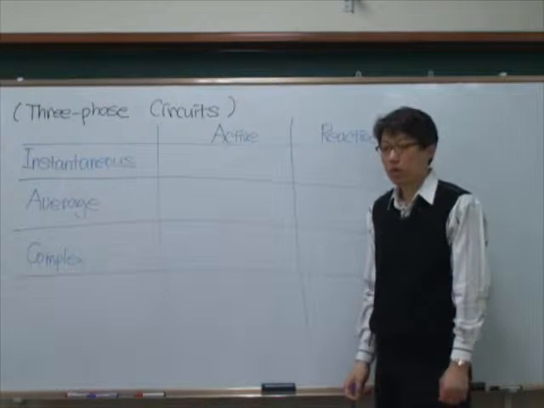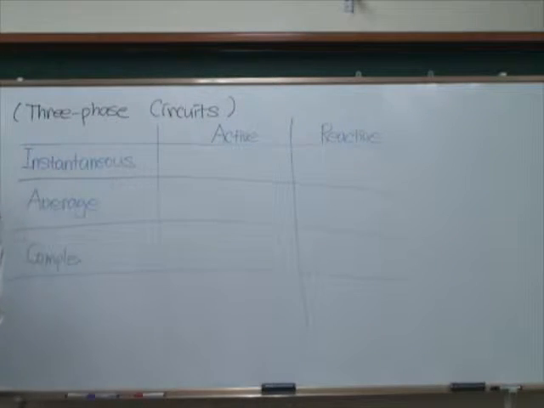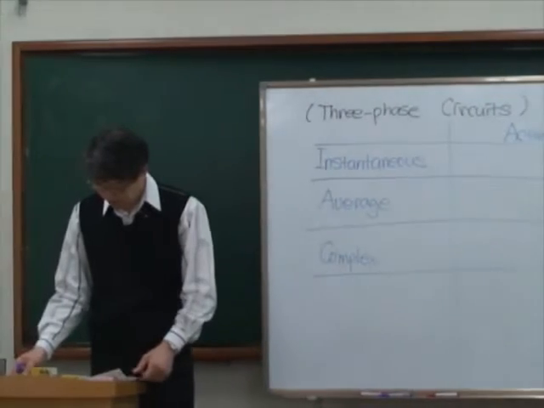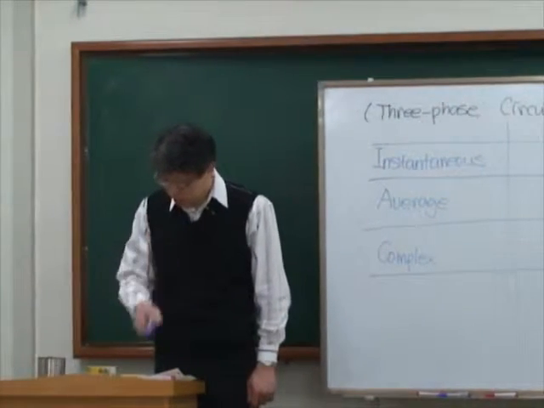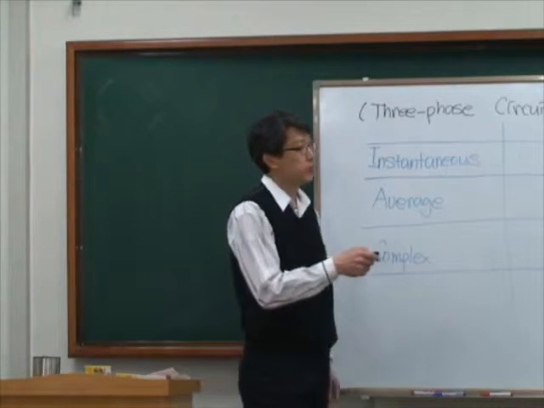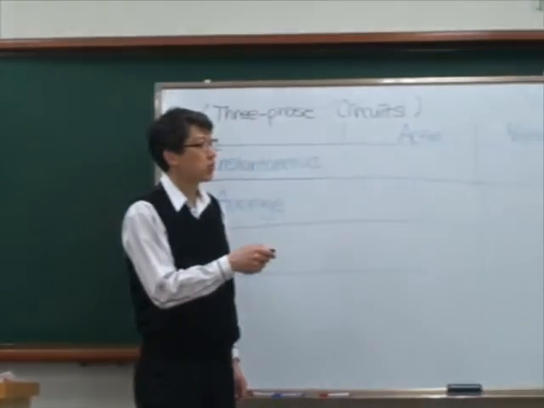Okay. And so we studied the single-phase case. Now if we extend our theory to the three-phase case, okay. Before we talk about the three-phase case, let me show you some brief characteristics of three-phase.